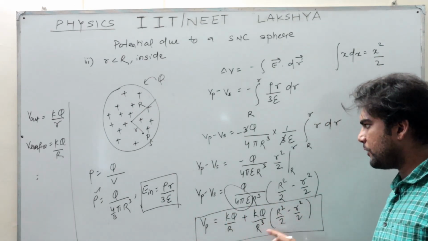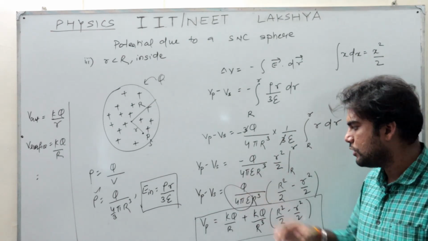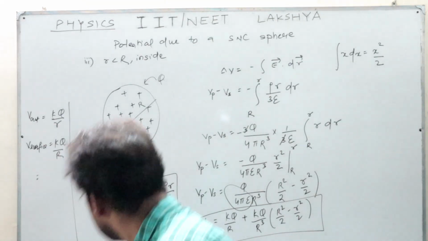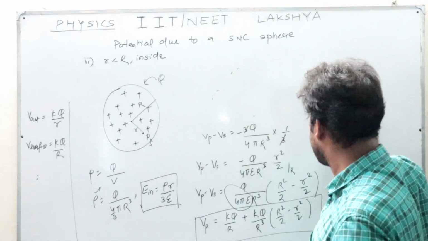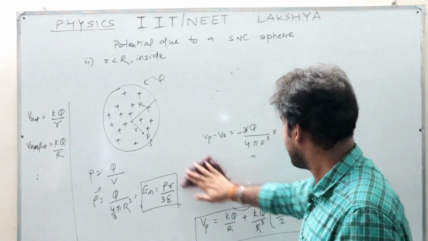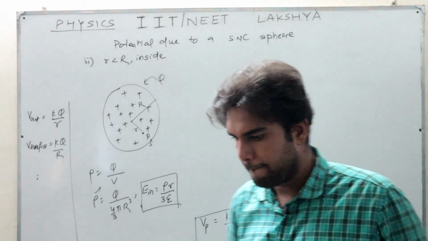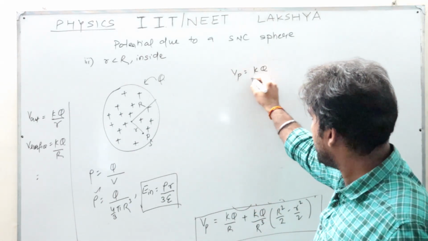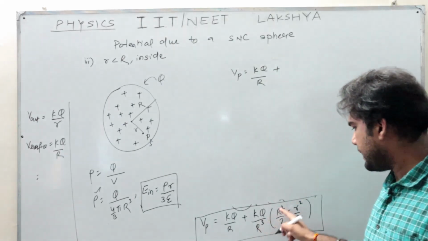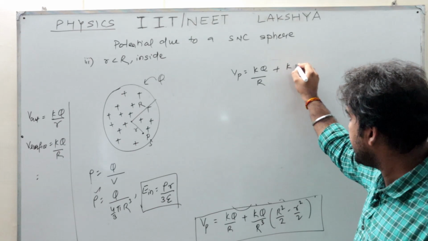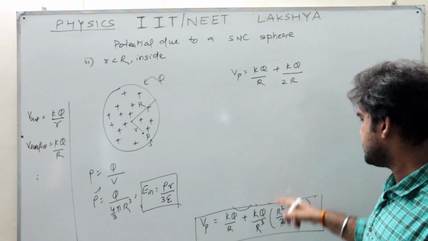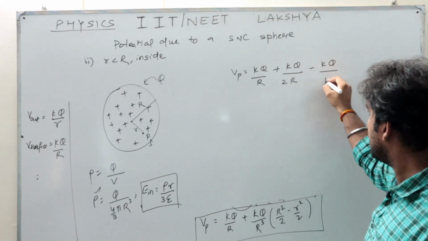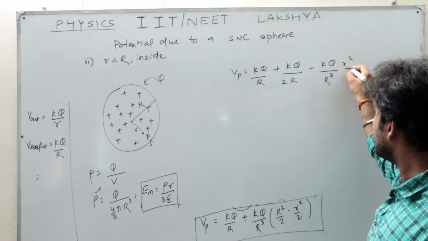So let me just simplify it. You can note it down so that I simplify this term for you. Yeah, so I am simplifying it. So Vp becomes Kq by R plus. So when I multiply it, it becomes what? R square and R cube. So it will become Kq by 2R, Kq by 2R minus Kq by R cube into r square by 2.